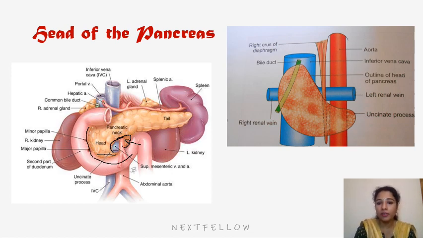are inferior vena cava. You can see here, this is a schematic image for you all to understand the relations on the posterior aspect. So inferior vena cava is present posterior to the head, and also it is related to the right renal vein.